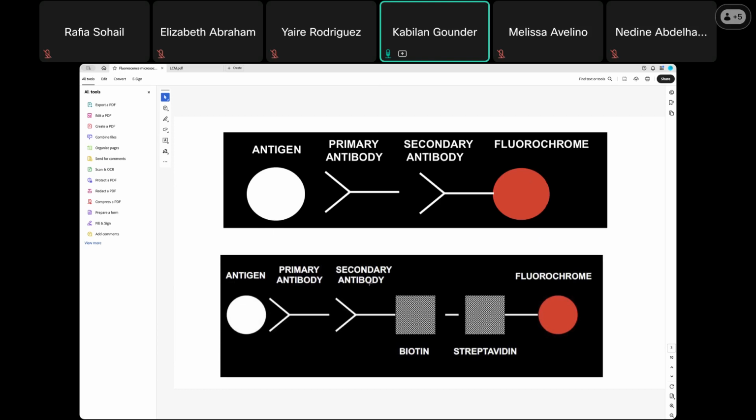we can conjugate this secondary antibody with biotin. Next is the biotin. To detect this interaction, we can use streptavidin. This is a bacterial protein that avidly binds to biotin. The streptavidin we can conjugate with the fluorophore.